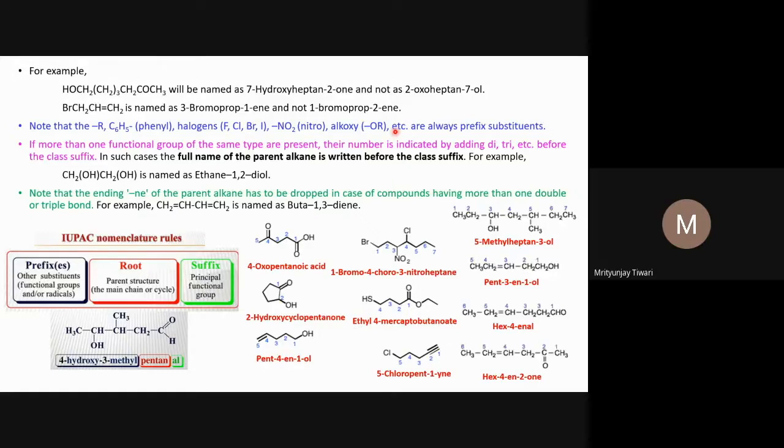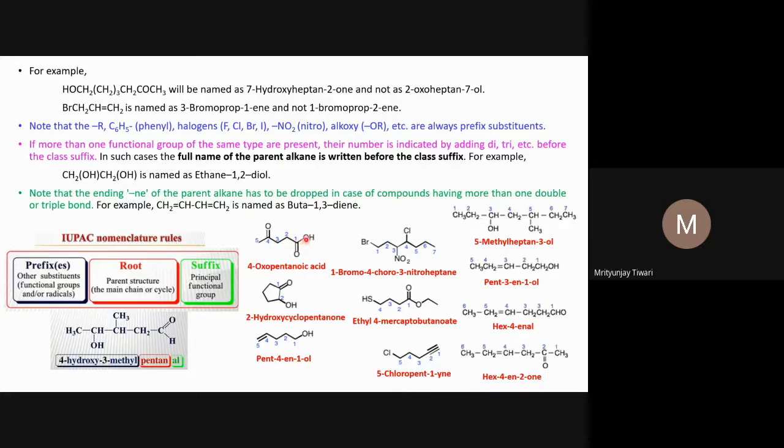So whatever rules we follow for the prefix, meaning the substituents or the branches of a chemical compound, the same rules we will follow for naming such compounds as well. And the examples that we have seen, I'll just explain again.